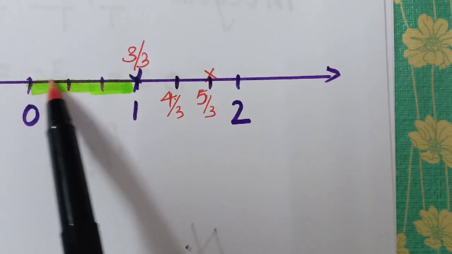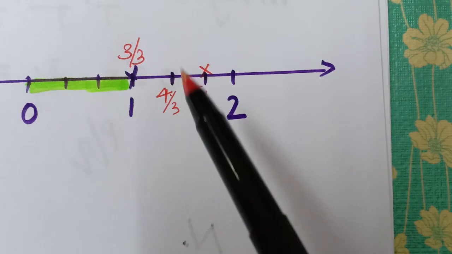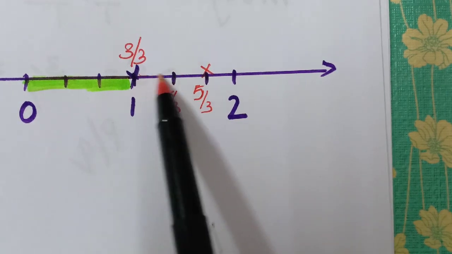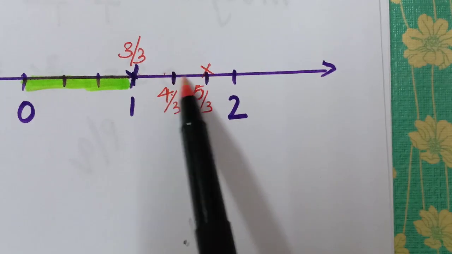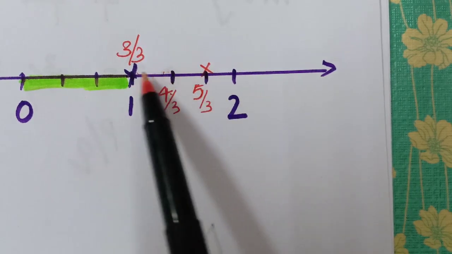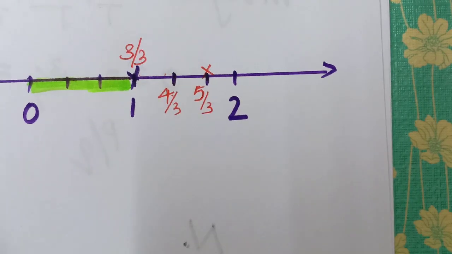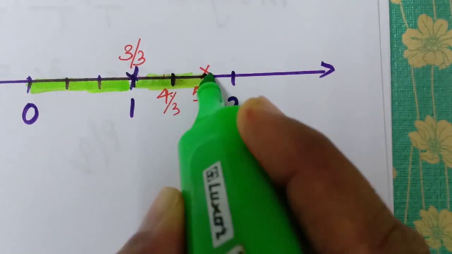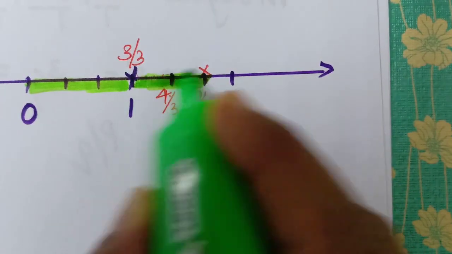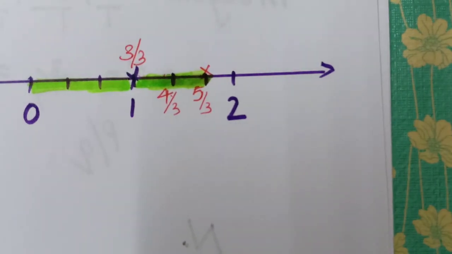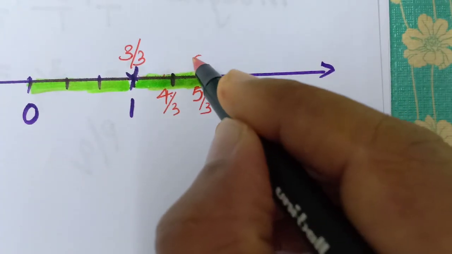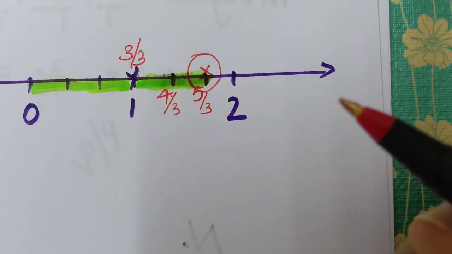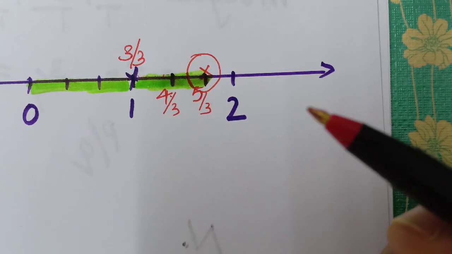Total 1 unit plus 2 by 3 means this is one part, this is another part, 2 by 3 of the next unit. So 5 by 3 means up to here. Which is the point showing 5 by 3? This is the point showing 5 by 3. Did you get the concept?